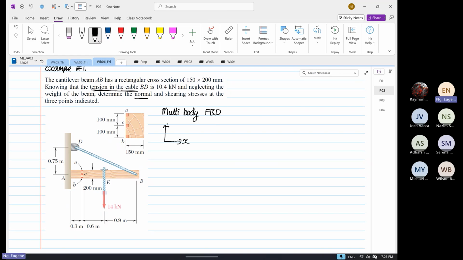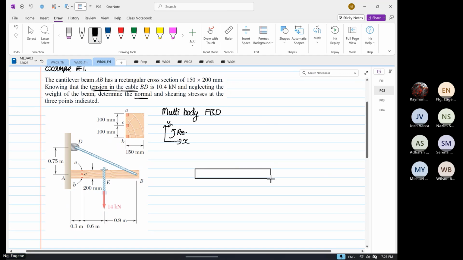This is our X, this is our Y, and we have a rotation about Z. Then we sketch our multi-body free body diagram.